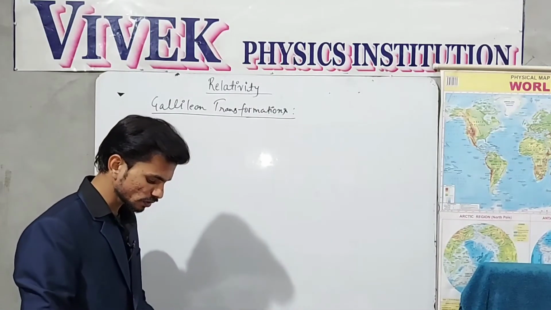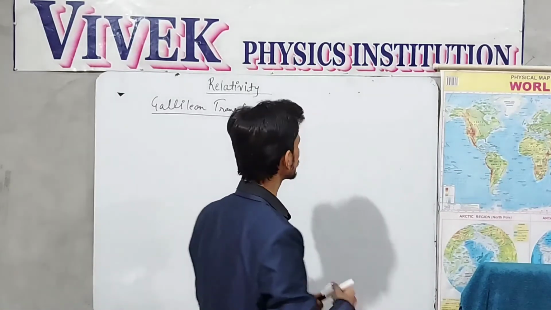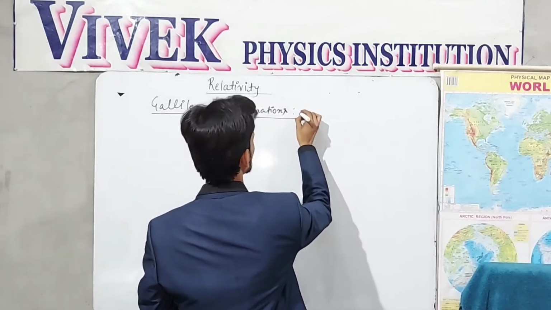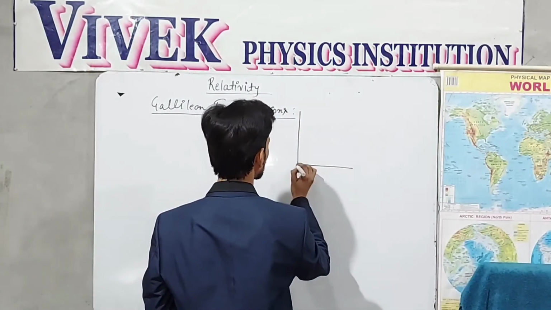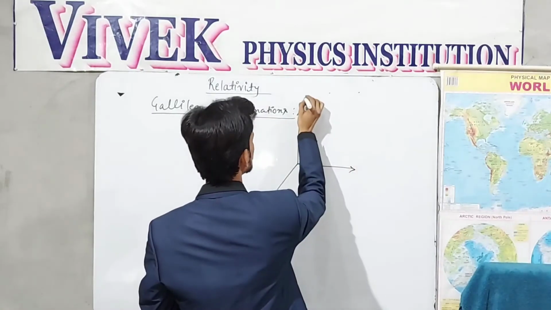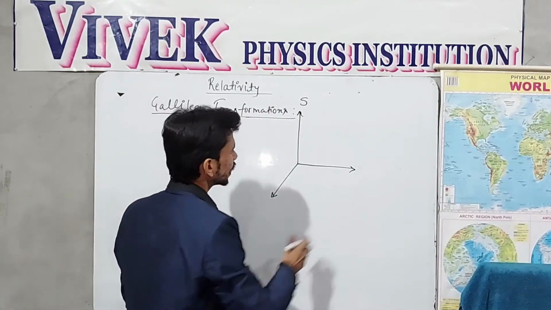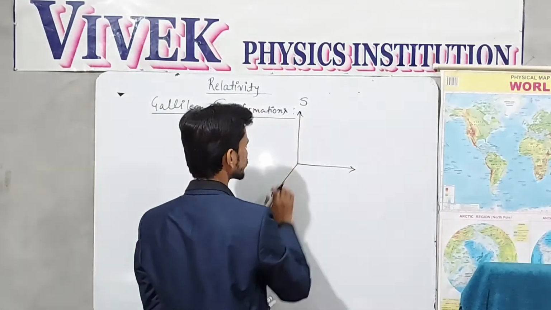First of all, we are considering 2 frames of reference which are inertial in nature. So let us consider this is one kind of inertial frame. Let's say this is the S frame of reference, and this is the x-axis, this is y, and this is the z-axis.